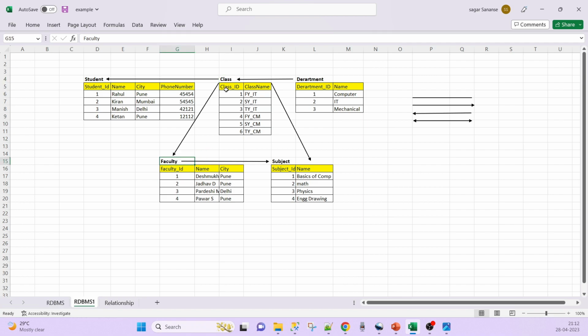One class has multiple faculties, meaning for first year there are different subjects, and different subjects are taught by different faculty. That's why here is a one to many relationship. One to many and many to one relationships are the most widely used, and there is a many to many relationship as well. Let's see in detail.